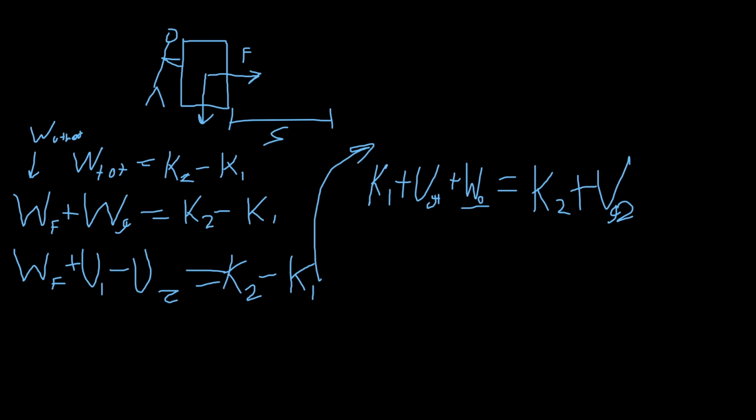So we will denote this as E, which means mechanical energy, and it's equal to the sum of the potential energy from gravity plus the kinetic energy, plus the work done by others.